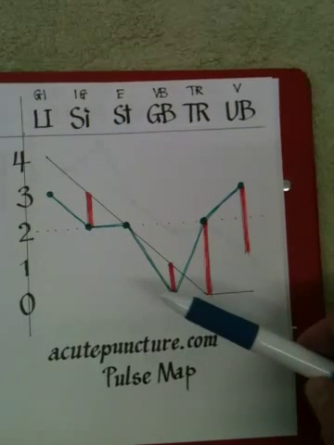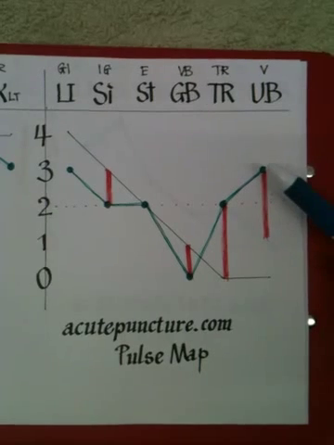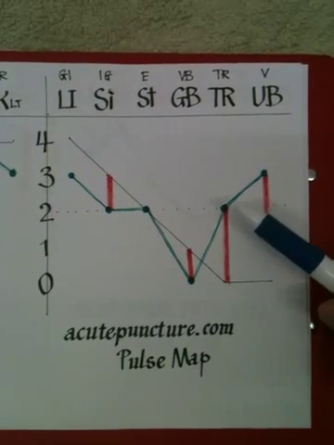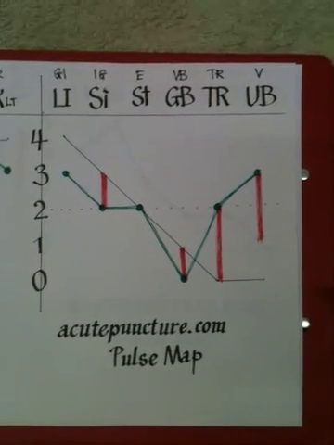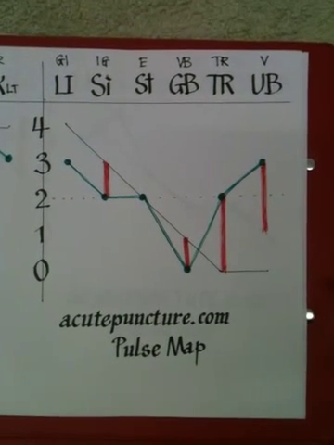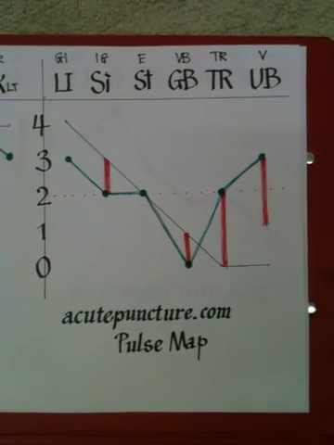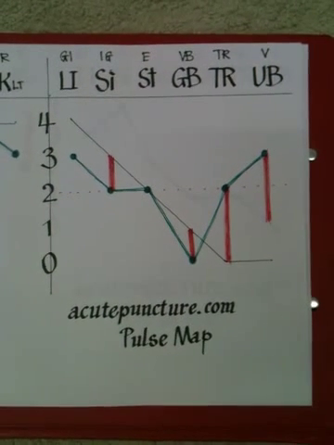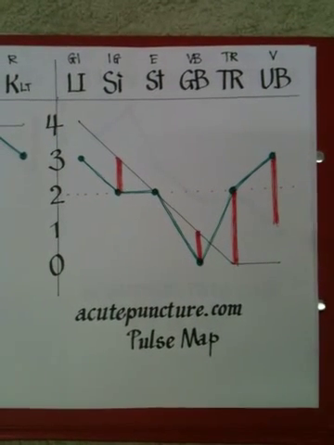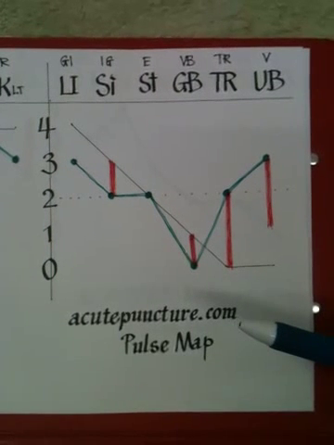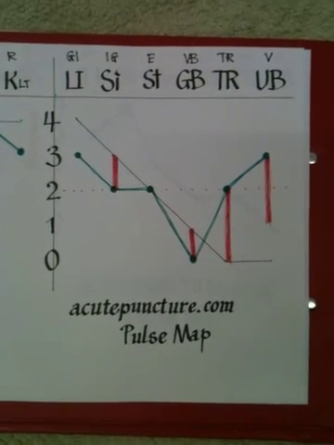Actually, this same diagram, the same pulse diagnostic, shows us which particular points we need to use at this particular moment to treat this particular condition, which means that we need to treat patients with what our pulse tells us, not what theory may be telling.